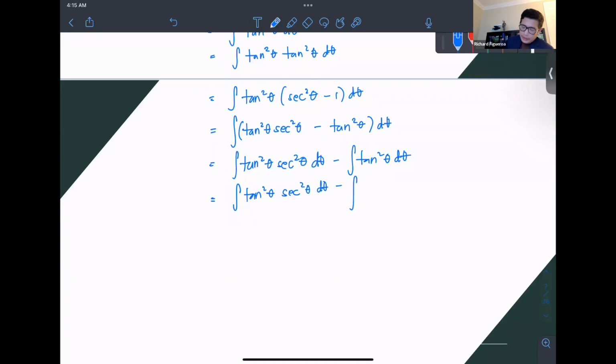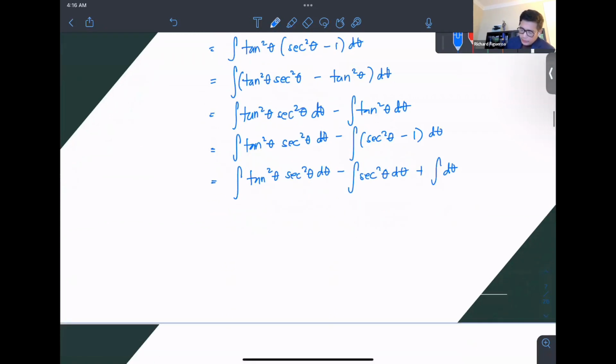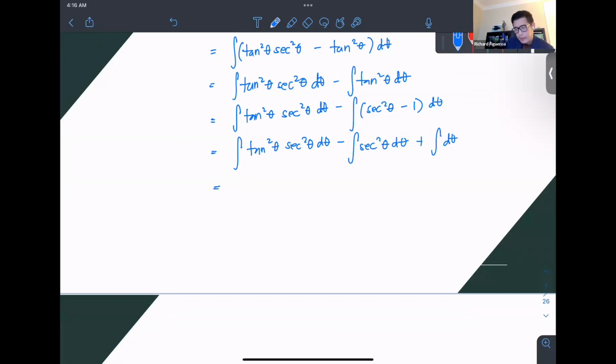For tangent squared theta, we have secant squared theta minus 1 d theta. Secant squared has an integral already. So we have tangent squared theta secant squared theta d theta, minus secant squared theta d theta. Negative and negative 1 gives positive the integral of d theta. Finally, I can now integrate this.